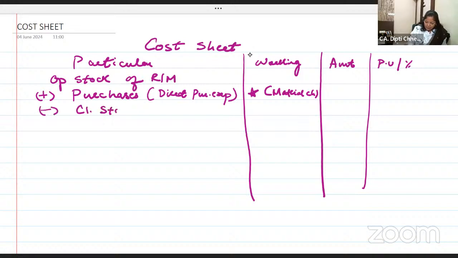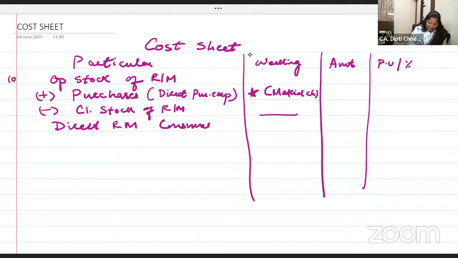Minus the closing stock of the raw material, and what you get is called direct raw material consumed. Say I had 10 bags, I purchased 100 bags, and 5 bags are still in stock. So 105 bags I have consumed. Forget about what's given in the compiler.